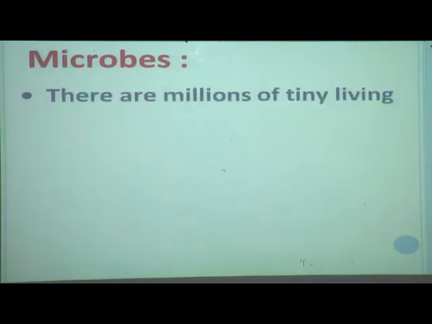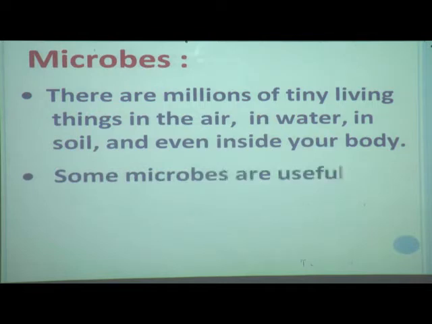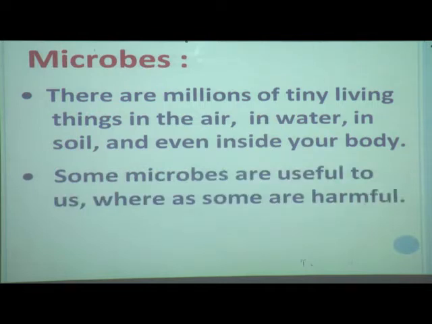There are millions of tiny living things in the air, in water, in soil, and even inside your body. Dear students, listen carefully. Some microbes are useful to us, whereas some are harmful.